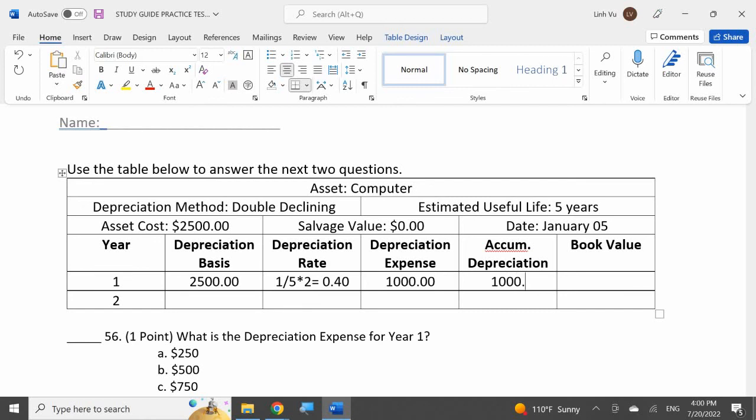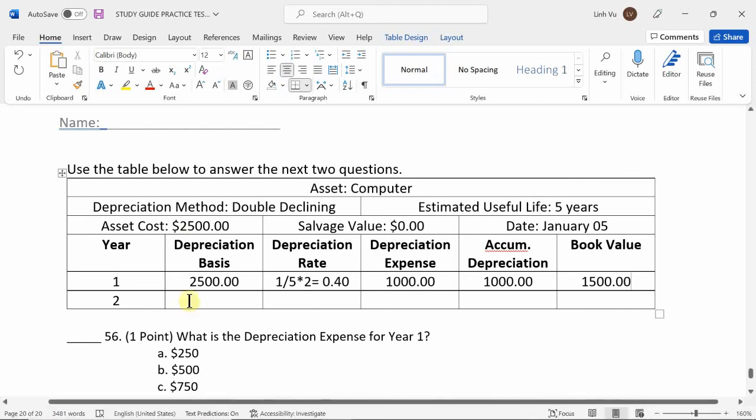Accumulated is going to be the same. So what's my book value going to be for the first year? 1,500, right? Asset cost of 2,500 minus accumulated depreciation will give you $1,500 for book for year one. What's year two depreciation basis? 1,500, isn't it?